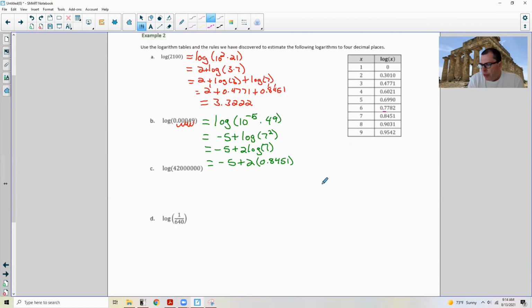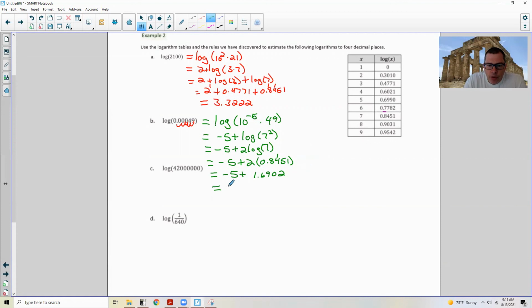Okay. So that's going to become negative 5 plus 2 times 1, 2, 2 times 5, 10, 2 times 4, 8, and 1 is 9, 2 times 8, 16. Okay. So I want negative 5 plus 1.6902.